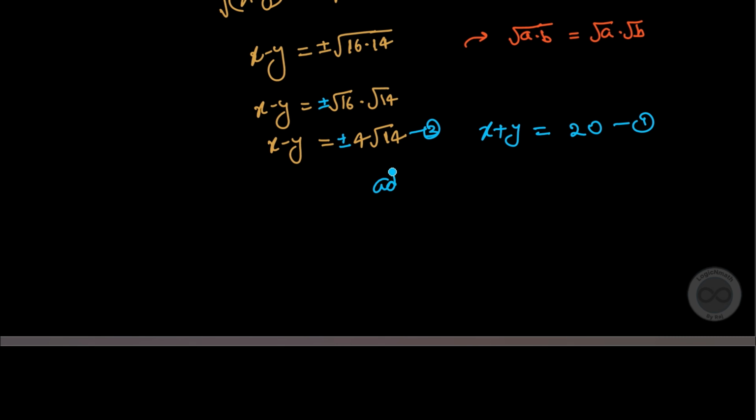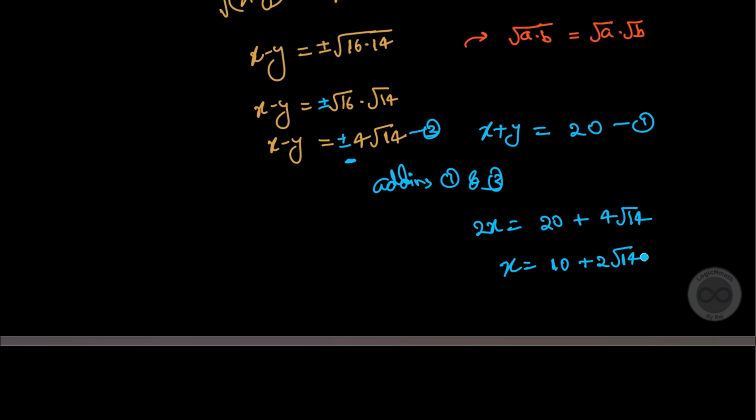Adding 1 and 3, we get 2x is equal to 20 plus, let's consider the value of x minus y as plus 4 root 14 first. So 2x is equal to 20 plus 4 root 14, and dividing both sides by 2, x is equal to 10 plus 2 root 14.